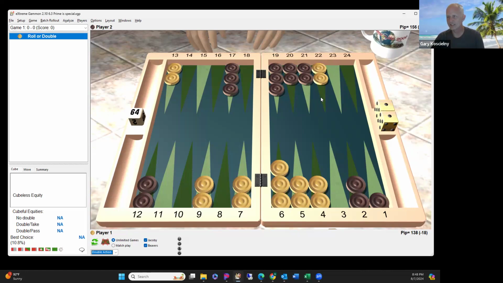So white has the advantage there. White is at the edge of the prime, and black sort of at the edge, not as close to the edge as white is. So there's maybe a half there, but white has the better prime, closer to the edge.